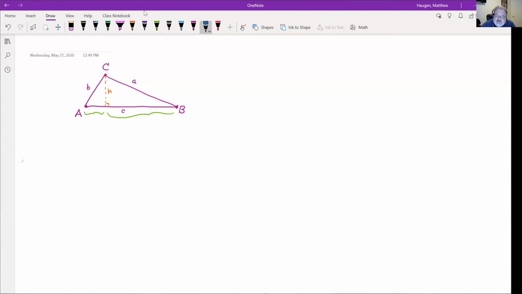Well, if we tried to make an argument about angle C, this small triangle doesn't contain all of angle C. Part of angle C is here, but part of angle C is in the other triangle. So we don't have all of angle C, so I can't make an argument about angle C. Angle B is way over here, so no arguments about angle B. In this small triangle, it's got to be an angle A argument. Okay, so we're going to make an argument about angle A.